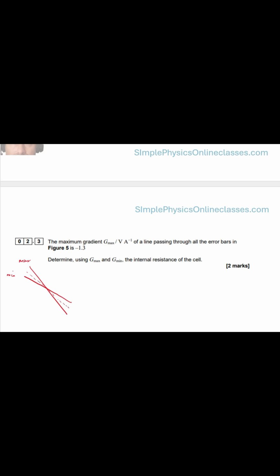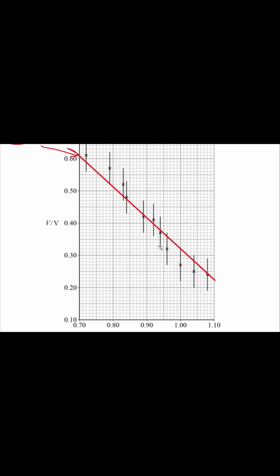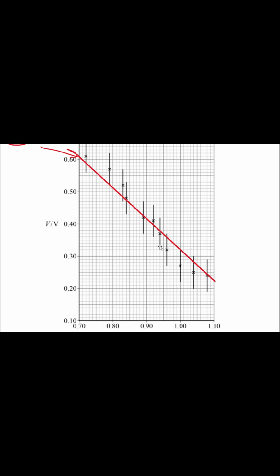So we've got to work out the gradient here. If I zoom in, let's pick 2 points, at least 50% of the line. We're going to find 2 nice points on the graph, maybe this point here, 0.3, 1.02. And let's pick another one a bit further up.